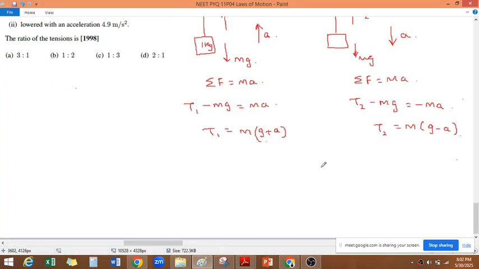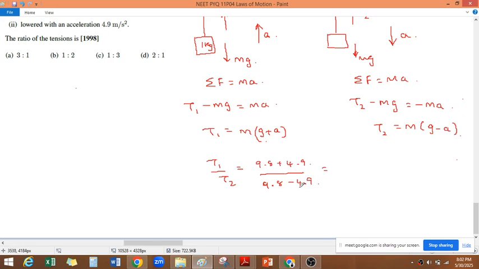So I think they're asking you the ratio of the tensions. So T1 by T2 is equal to m(g plus a) divided by m(g minus a), and m will cancel. So 9.8 plus 4.9 divided by 9.8 minus 4.9. 9.8 is nothing but 4.9 into 2, so you can take the numerator as 3 times 4.9 and the denominator will become 4.9.